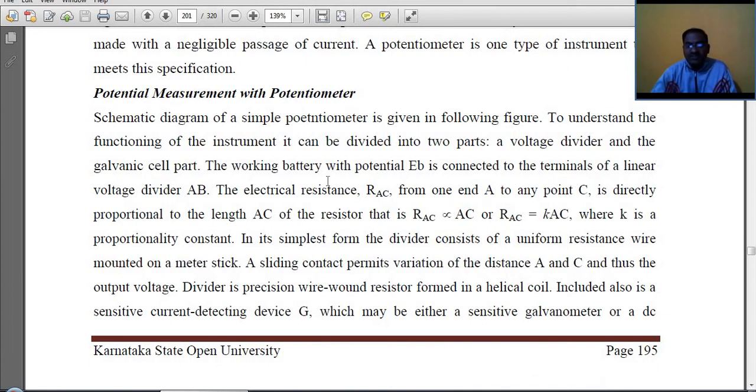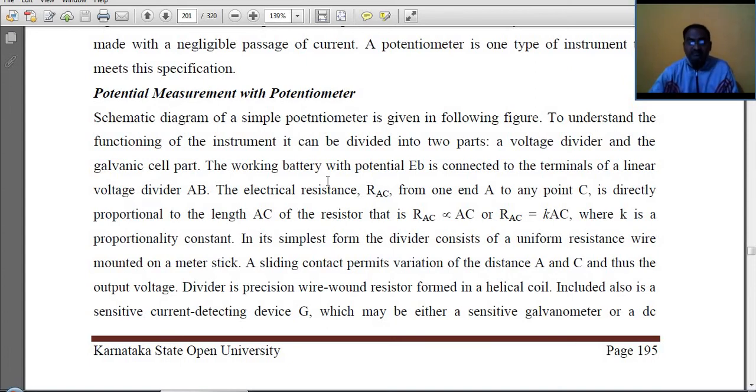To understand the functioning of the instrument, it can be divided into two parts: a voltage divider and a galvanic cell part. The working battery with potential EB is connected to the terminal of a linear voltage divider.